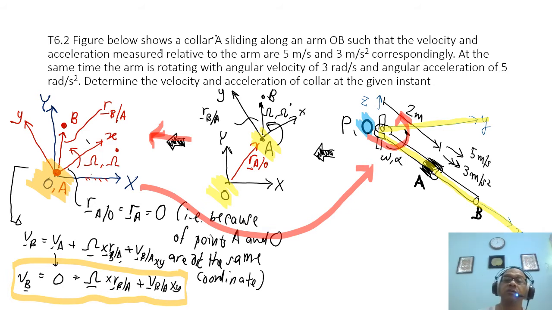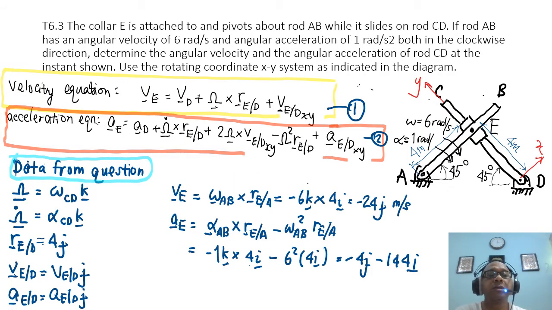And let's look at number 3. Question number 3 is about a collar E. Let me color that in yellow.